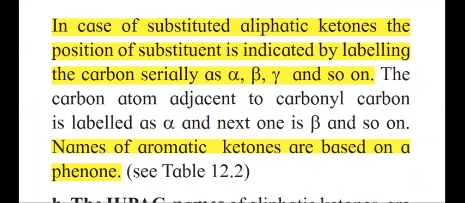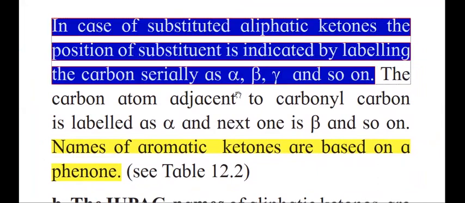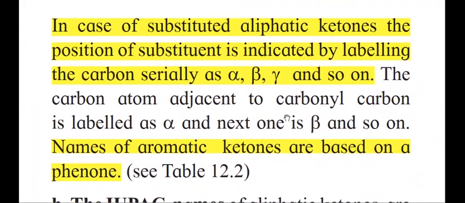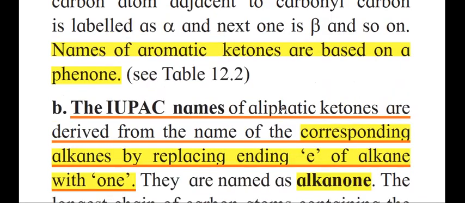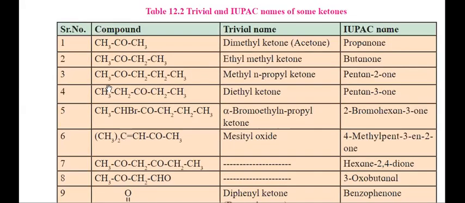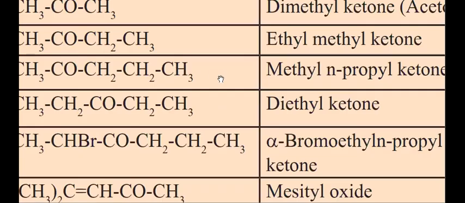The carbon atom adjacent to the carbonyl carbon is labeled as alpha, and after that comes beta, gamma, delta. The names of aromatic ketones are based on phenone. We will see the table directly. See the trivial names or common names.